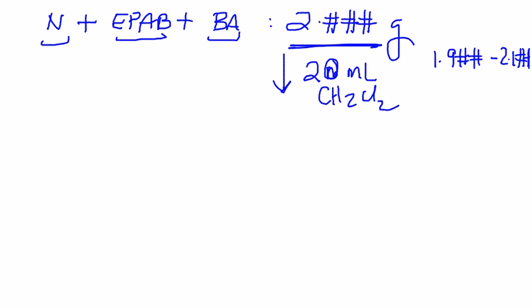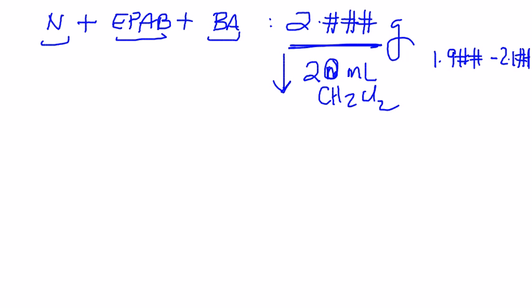So we're going to run this lab in the hood. The smell of naphthalene as well as the compounds is not something that you should inhale too much. So I would recommend that you do the dichloromethane step, and anytime you're dealing with naphthalene, you should perform that in the hood.